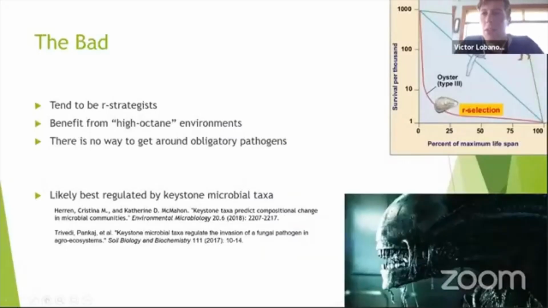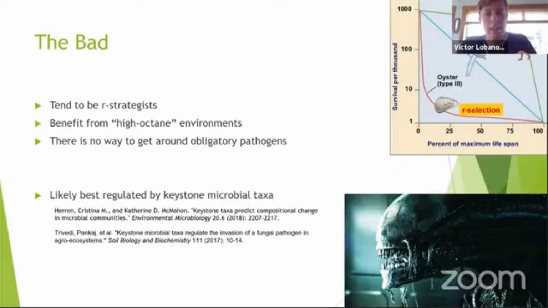And when we're thinking of the bad, these are basically R strategists, meaning that they try to reproduce really quickly, and they benefit from what I call high octane environments. So they have a type of carbon source, for example, like sugar, or some type of carbon source that they really like, some niche that they really like.